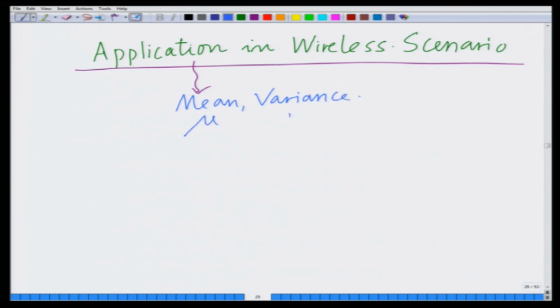Remember, mean was denoted by mu, the variance of random variable x by sigma x square. We can also denote this by mu subscript x to denote that this is the mean of the random variable x.